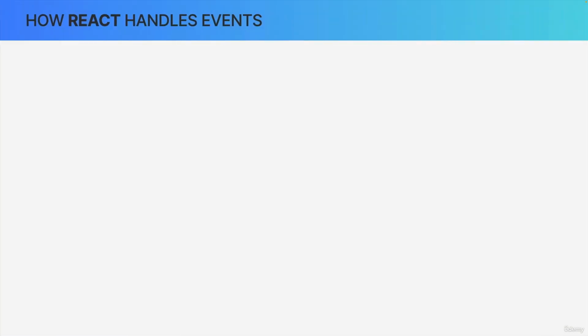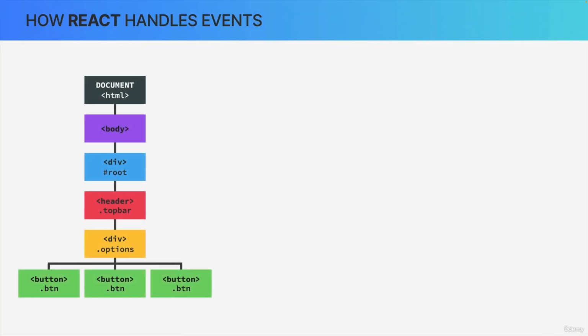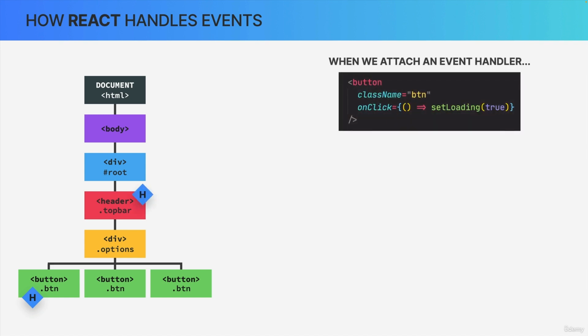So let's consider this same DOM tree, and let's say again that we want to attach an event handler to one of the buttons or even to some other DOM element. And this is what that would look like in React code. So we would simply use the onClick prop to listen for click events and then pass it a function.